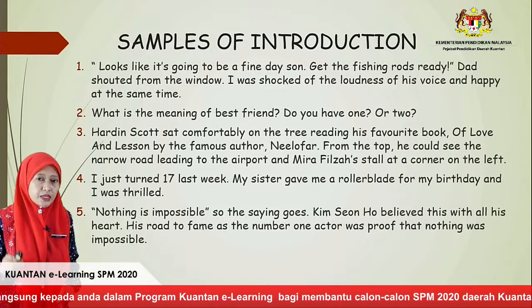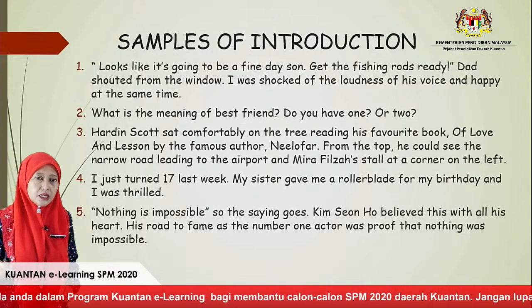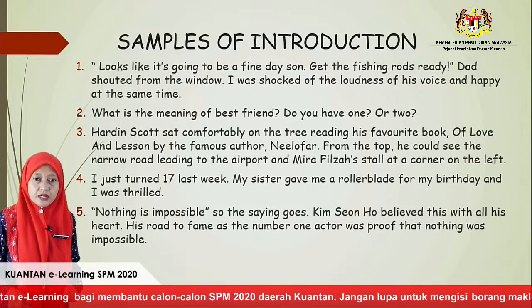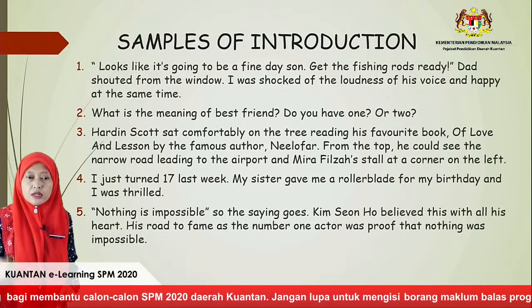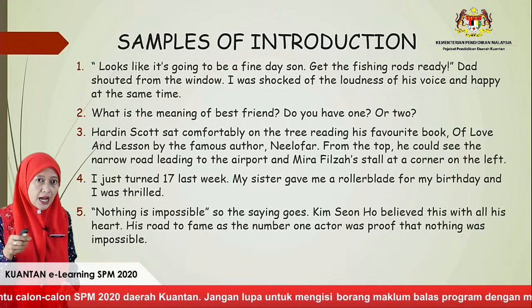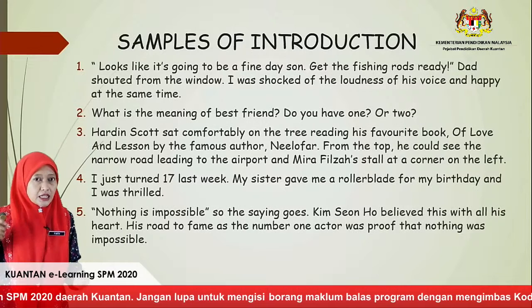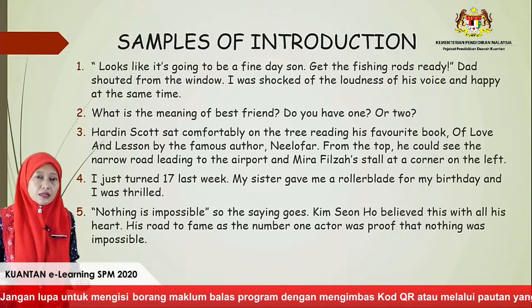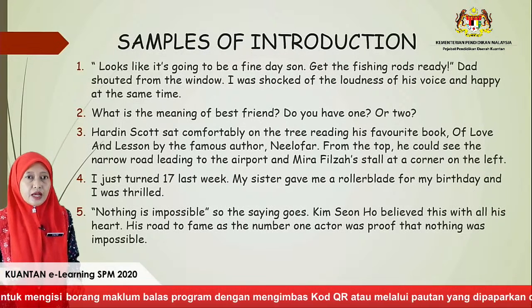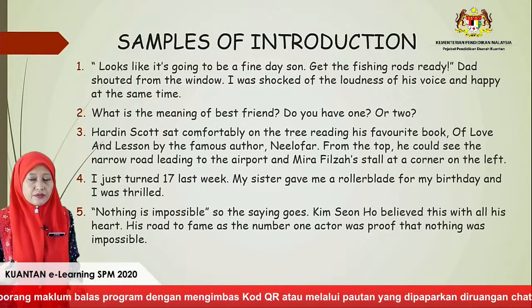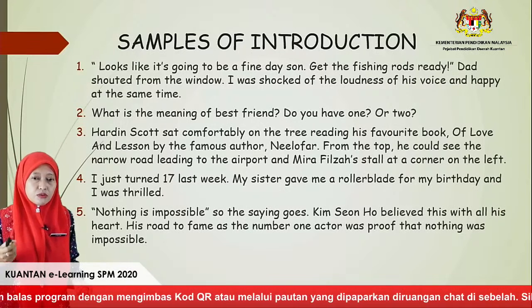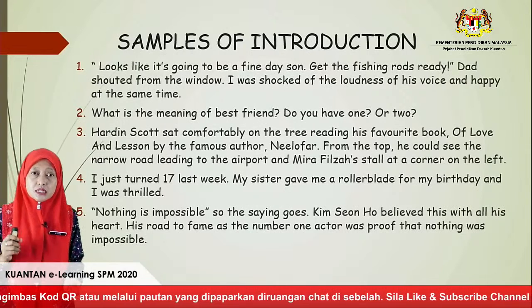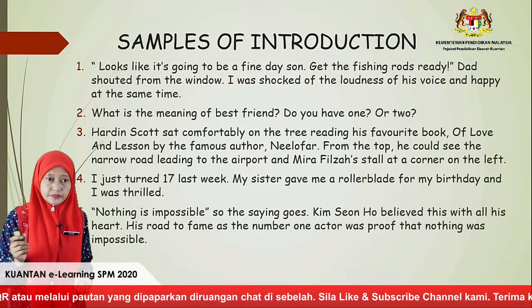Would a person who is not keen on extreme sport be very happy to be given a rollerblade? No, right? So you know this character, this I, is very active, okay, loves extreme sport, very young, energetic, and maybe full of life, because that person loved the rollerblade and that person is only 17. So this is the description of your character.